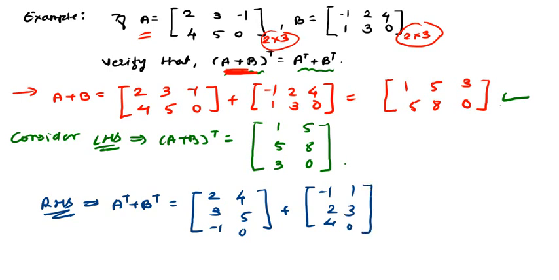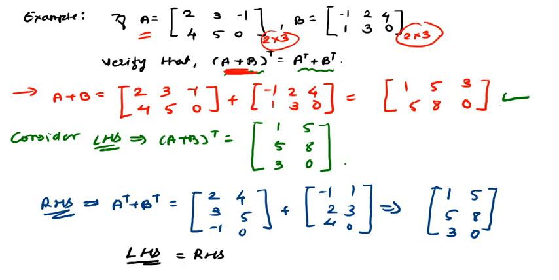Adding both the matrices, what do you get? 2 minus 1 is 1, 4 plus 1 is 5, then 5 8 3 and 0. So if you observe here, our LHS is equal to RHS, and hence the proof.